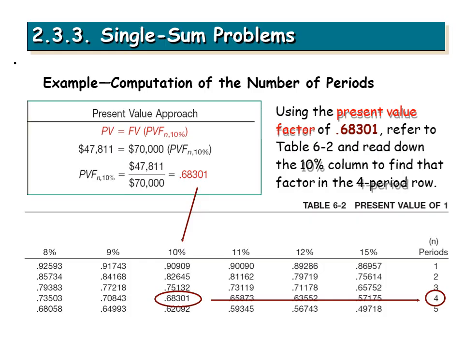But if we need shortcuts, we can use the formula future value equal to present value times (1 plus i) to the power of n, or present value equal to future value divided by (1 plus i) to the power of n, or future value times (1 plus i) to the power of negative n. In 3 or 4 ways we can get our value to be 4 years or 4 periods.